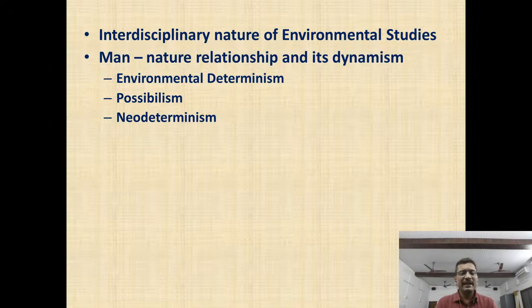Technological advancement helped him to use nature in a greater manner. Manufacturing industry started increasing the use of natural resources, and slowly and steadily human being started controlling the nature. This is the period from the industrial revolution till the 21st century.